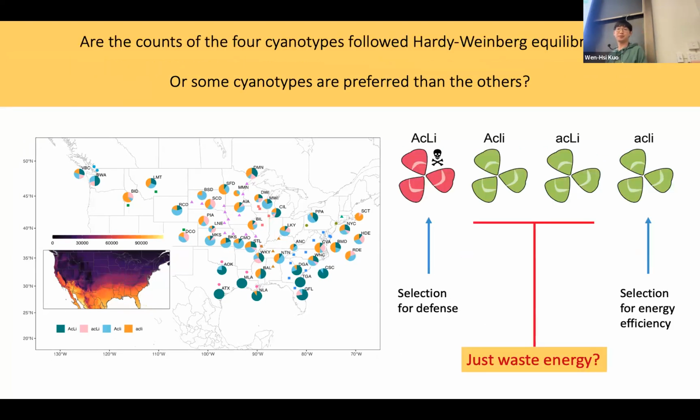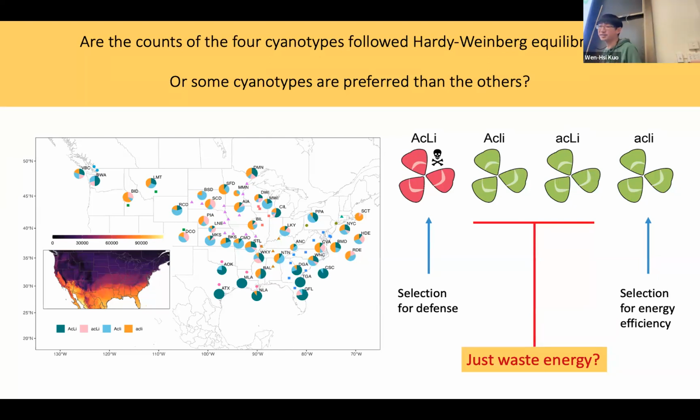And then we want to ask, because we know the functional AC and functional LI phenotype, which we call big AC and big LI phenotype, can be selected for its defense ability. And the small AC, small LI phenotype can be selected for its energy efficiency. But what about the other two? They can only synthesize one functional component.